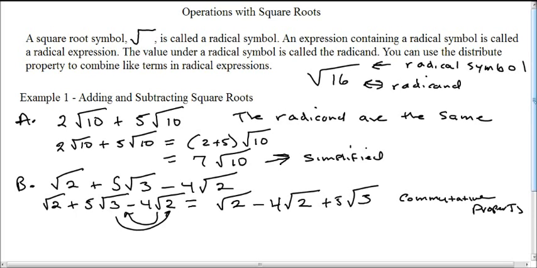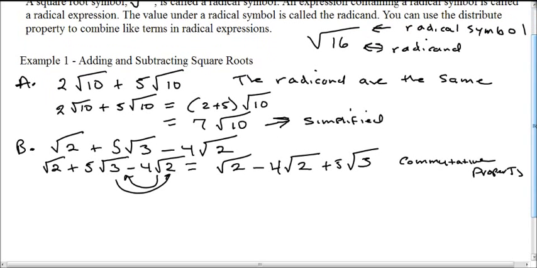Okay, let's continue on with this one. Now, because we have like terms, we can go on and combine them. One thing I want you to understand here is that there is a 1 here.